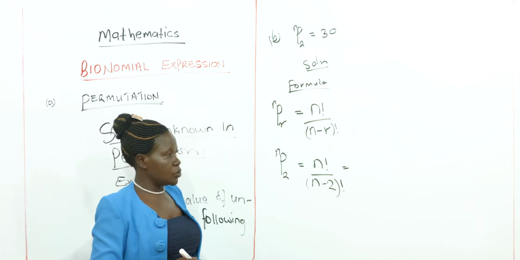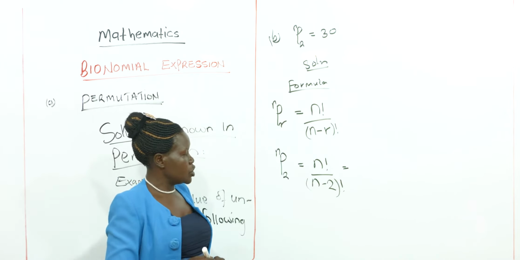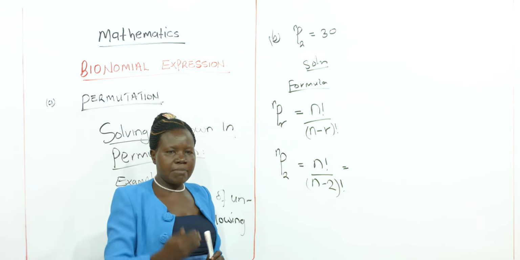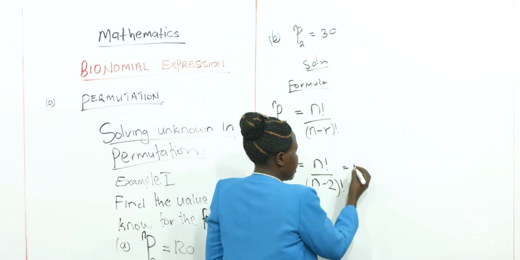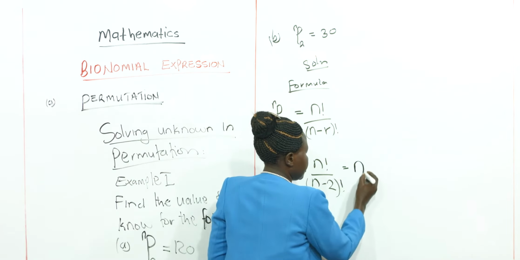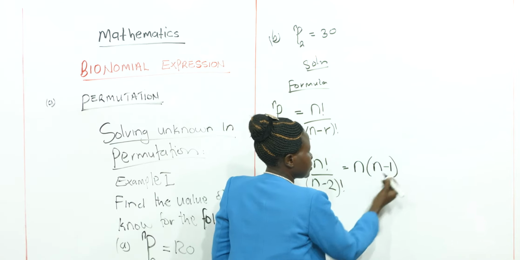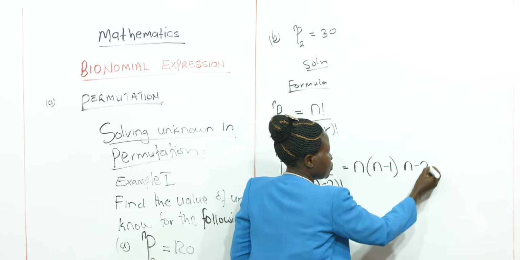Remember when I showed you the shortest way of how to simplify the factorials, instead of moving from the given number up to 1. So we simply say we have n, open the bracket, n minus 1, close the bracket, open the bracket, n minus 2, close the bracket.